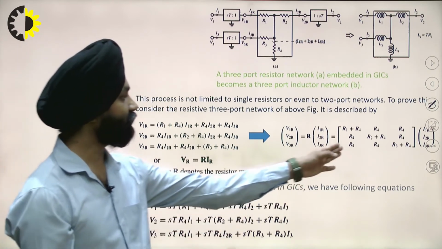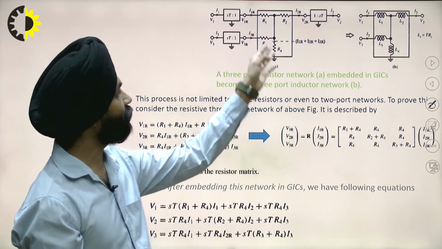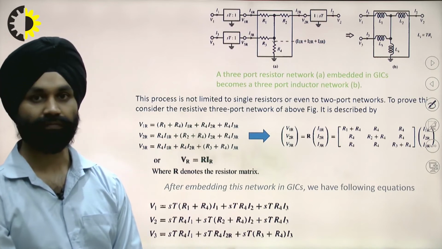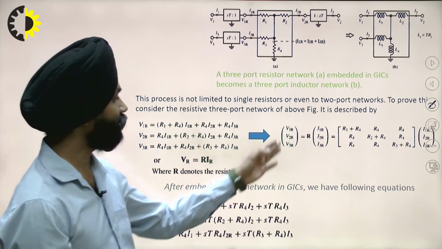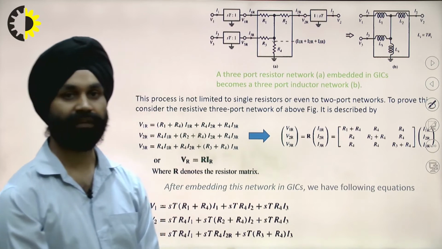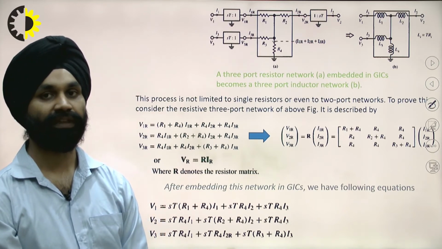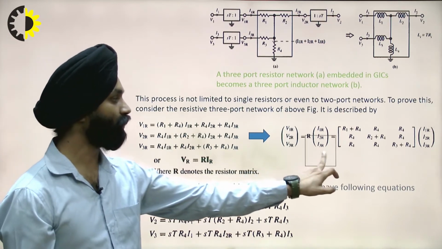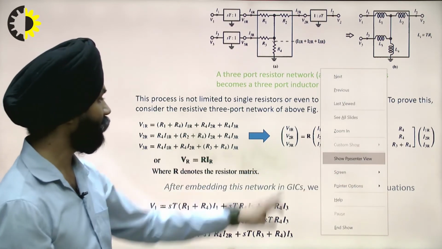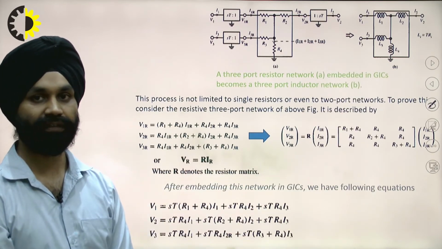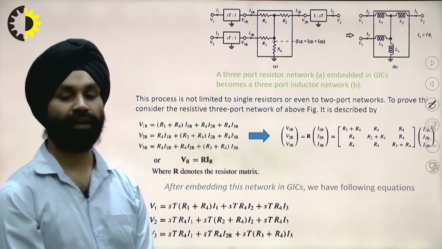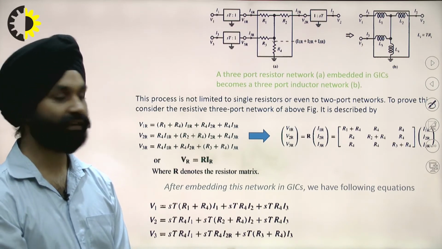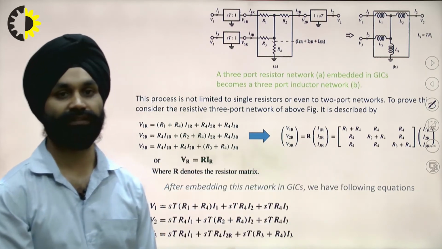And the resistances, if we see, it can be taken as R1 plus R4 for V1R. And similarly for all the resistances we can represent here. In the vector form, I can represent it as VR is equal to R into IR, where IR is the vector form of I1R, I2R, I3R, and R is the matrix of the resistance.